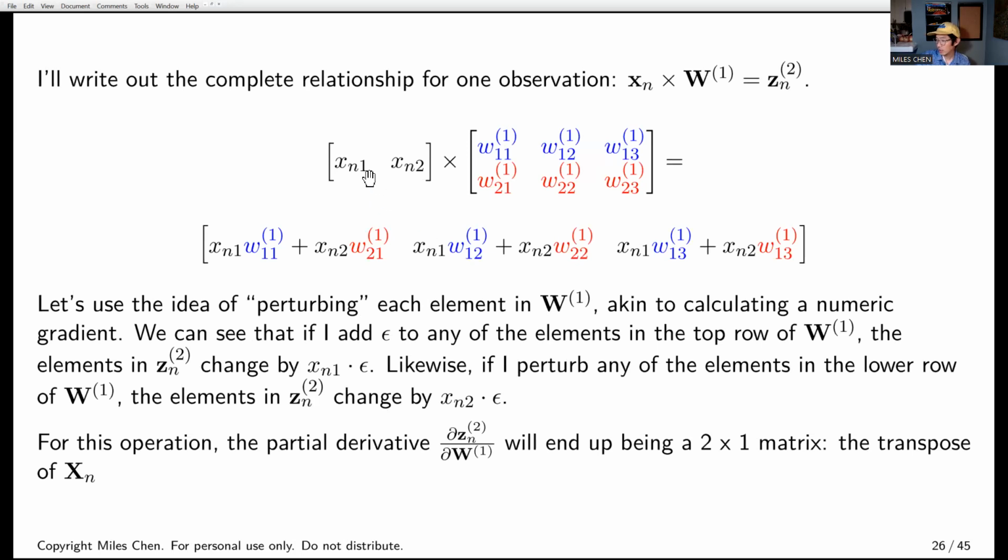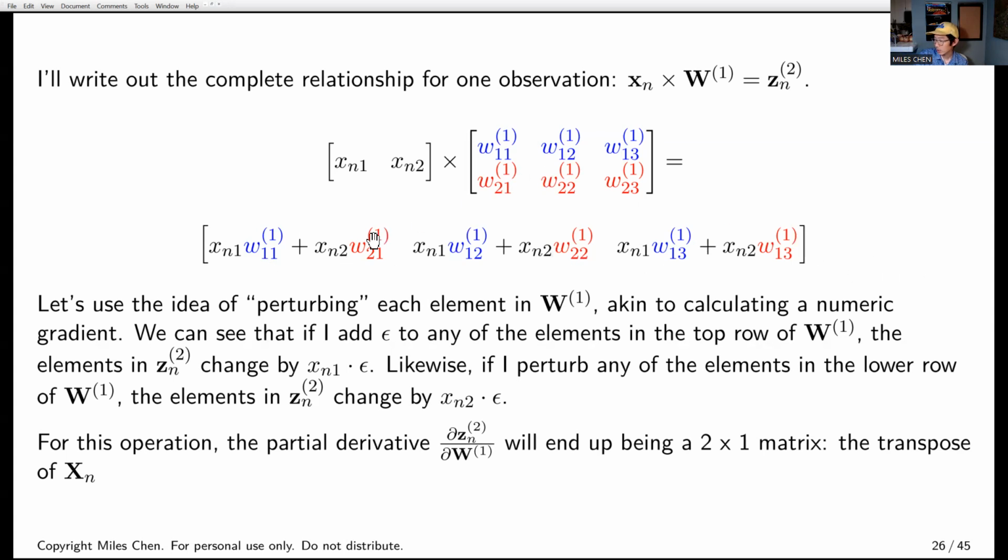If we look at the values in X and multiply this nth row in X by this W1 matrix, we get this 1 by 3 row matrix here. So we can say, what if I took an element in W and added a tiny little epsilon to this first element? How is that going to change the output?